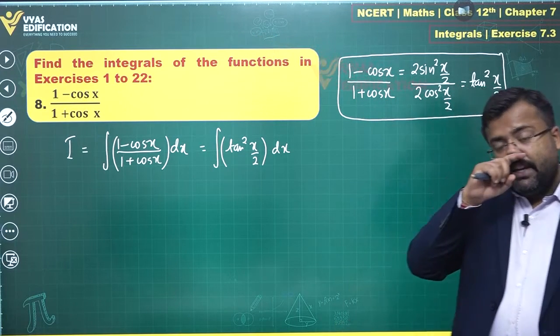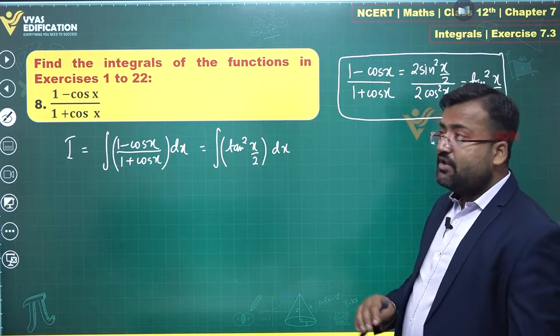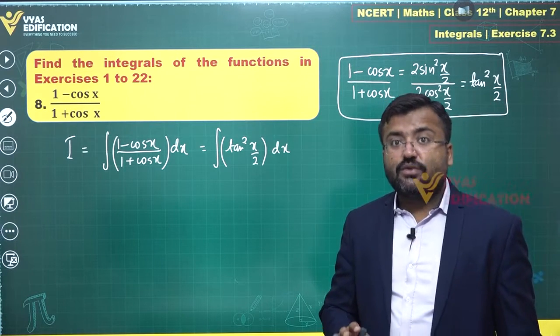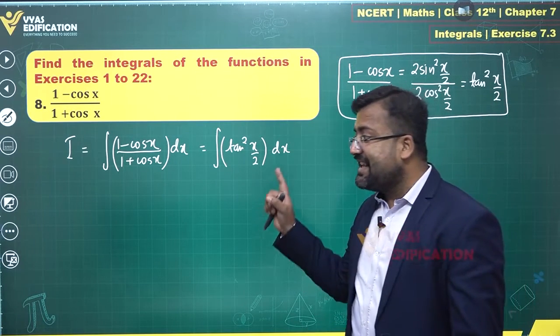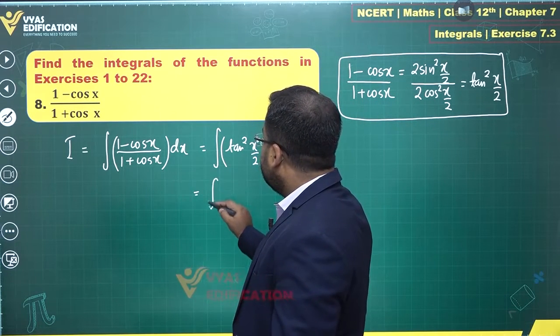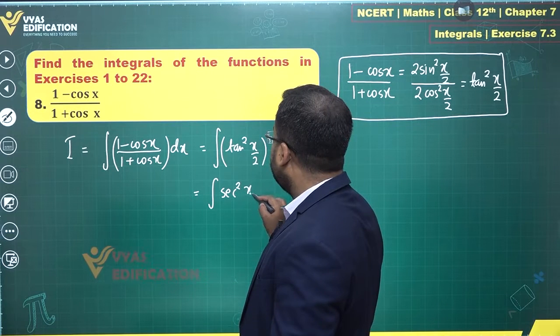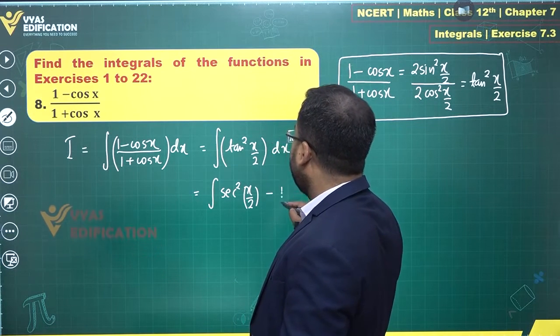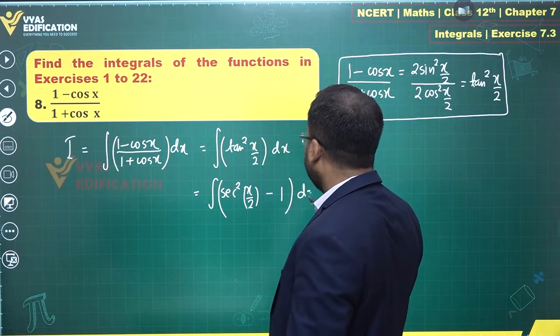And what is the integral of tan square? I don't know it directly, but I know the integral of sec square, and this can be converted in terms of sec square. So this is equal to sec square x by 2 minus 1 dx.